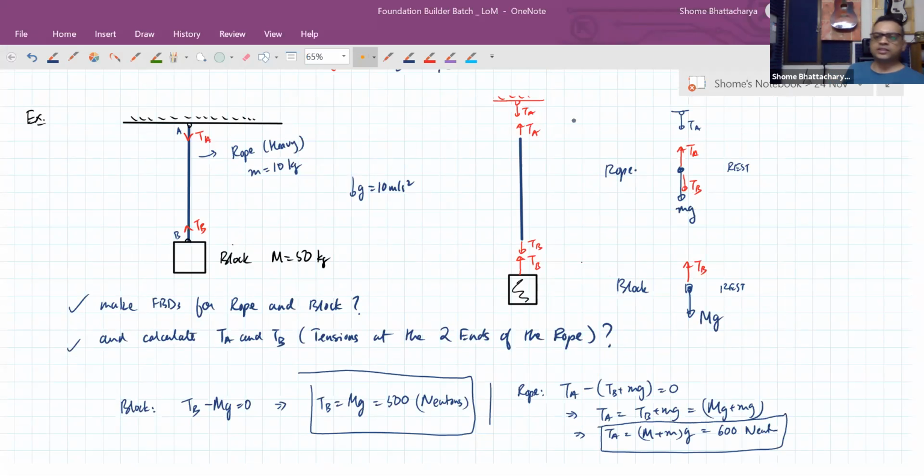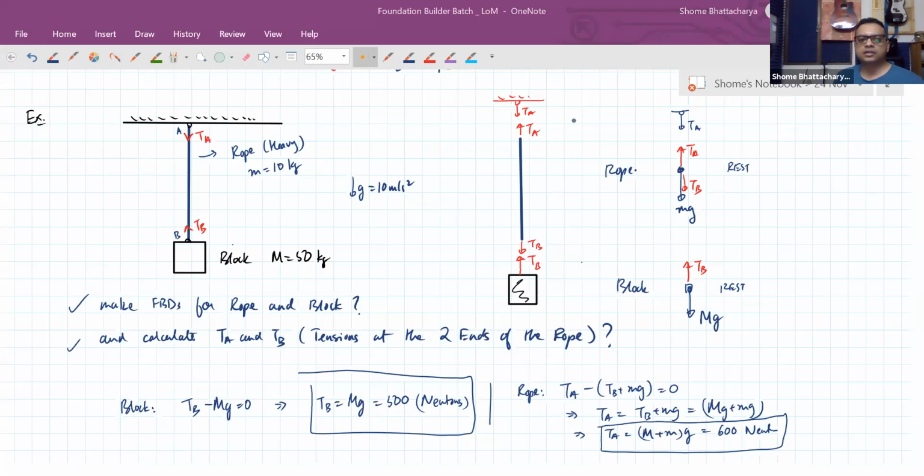But most of the time in mechanics, we'll be dealing with very light ropes or light threads, where the mass of the rope or the thread is negligible compared to the mass of the block. So imagine instead of 10 kgs, if it had been 100 grams or something, that is 0.1 kg, then there would be hardly any difference in tension between the two ends. One end the tension would have been 500, the other end 501 newtons.